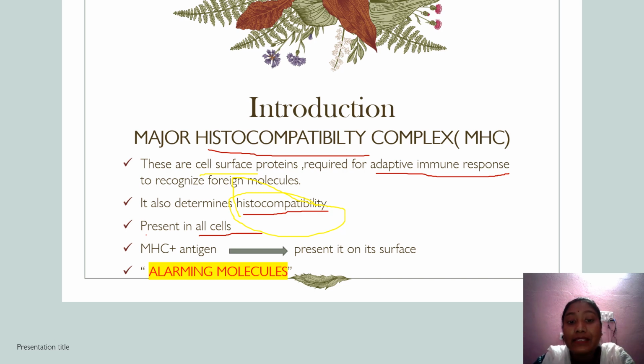So MHC plus antigen is present on its surface. These are generally called alarming molecules. Why are they called alarming molecules? Because they send a signal to the neighboring cells that this cell has been infected, so there is a chance that other cells will also get infected. That's why we call them alarming molecules. And this MHC is generally proteinaceous in nature.